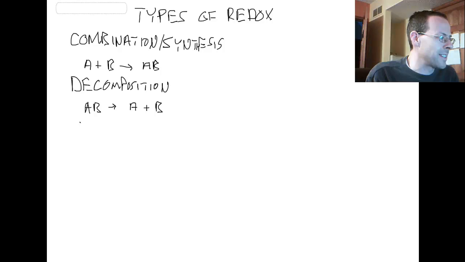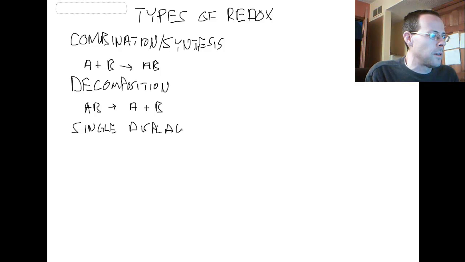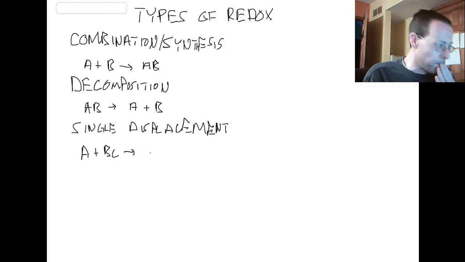Our next one is called single displacement. This is just type 3. Single displacement is simply where one thing displaces something else, or takes the place of. So in this one, we typically have A plus BC yields possibly B plus AC.